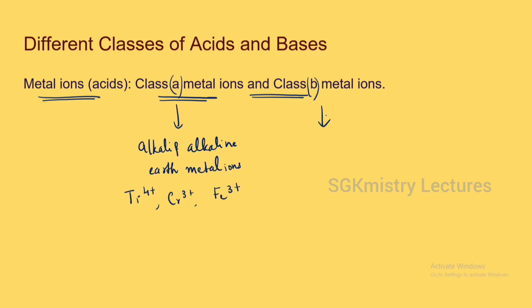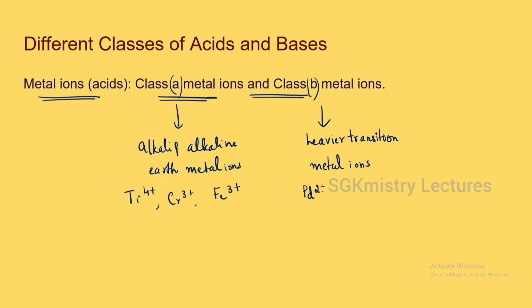Now, what are these class B metal ions? So these include heavy transition metal ions. So we know that in class A metal ions, we are only going to take the lighter transition elements. So in class B, we are going to take the heavier transition elements. Transition element ions or transition metal ions. So for example, we have Pd2+.